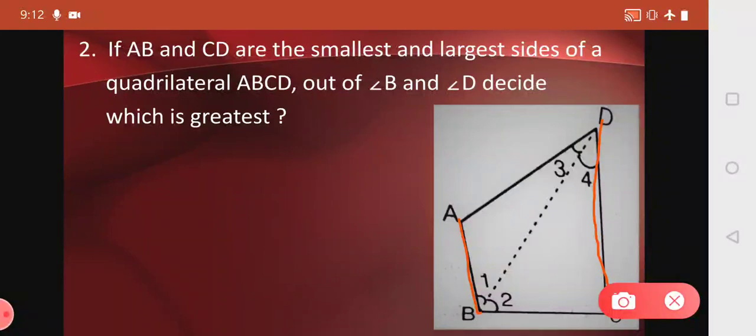Now we have to decide which angle is greater out of angle B and angle D. This is your angle B and this is your angle D. So we have to find out which angle is greater. Angle B is greater than angle D or angle D is greater than angle B.